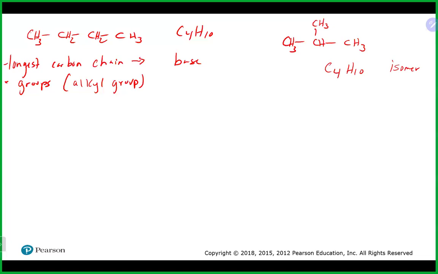Hydrogen is not really considered a group when naming, but any group that is present that is not part of the longest chain, you want to name those. And remember, most alkyl groups, which are carbon-based groups, are based on the alkane names as well, and how many carbons you have.